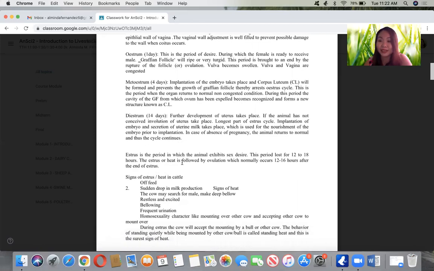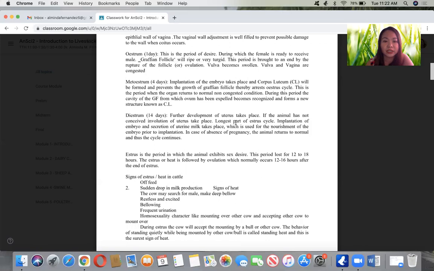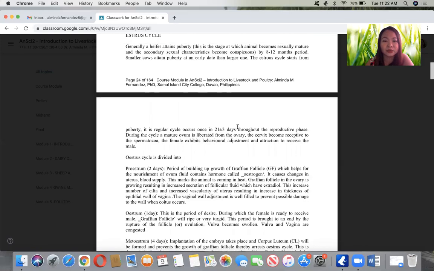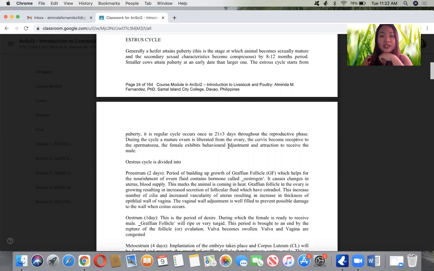So unlike in humans, who have menstruation, for estrus, the period in which the animal exhibits sex desire lasts for 12 to 18 hours, and the estrus or heat is followed by ovulation, which normally occurs 12 to 16 hours after the end of estrus. So the total cycle is 21 to 23 days.